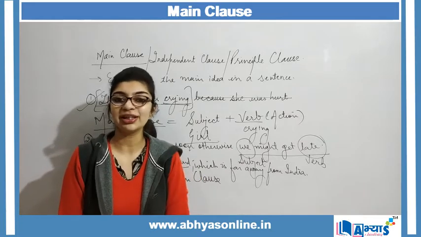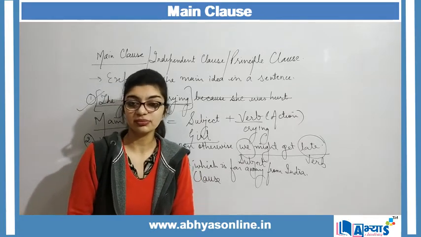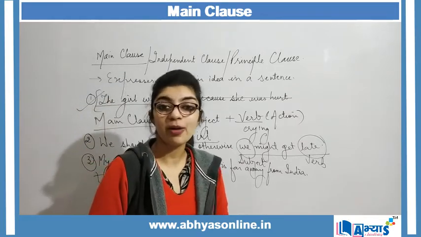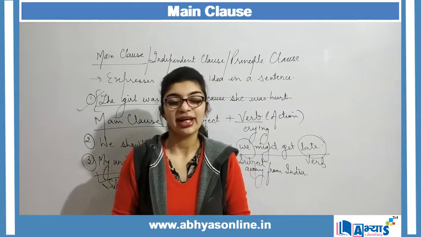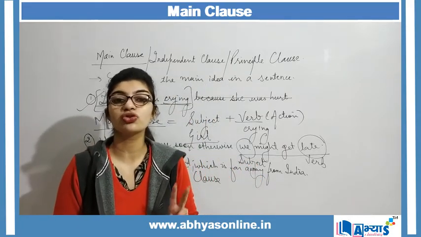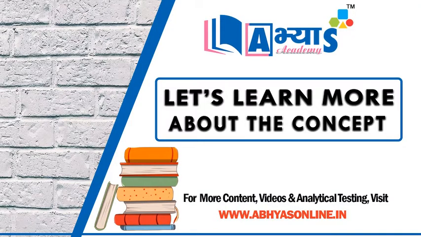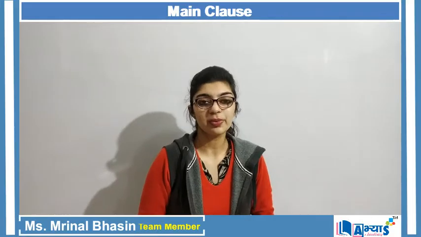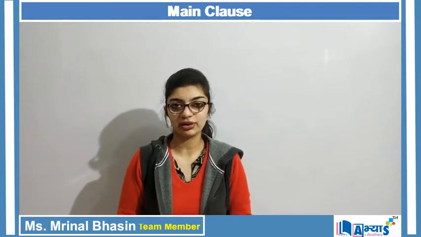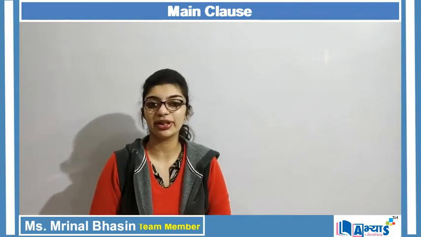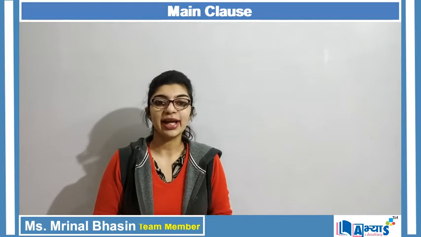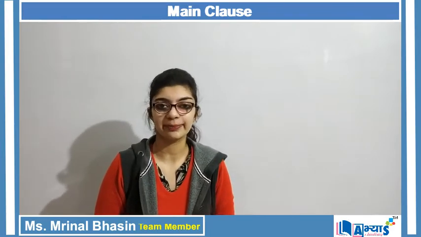or the remaining sentence. Now, there are possible cases where in a sentence there can be two main clauses. So we were discussing that in a sentence there can be two main clauses. This can be understood better through examples.